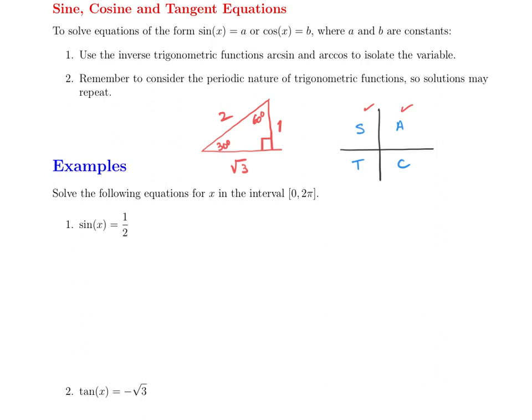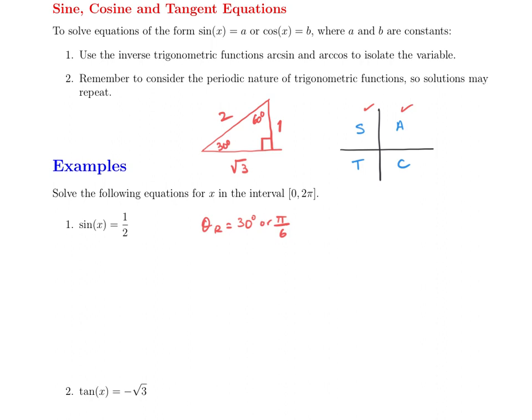So therefore, the reference angle that gives you sine of 1/2 will be this. Sine, remember, is the opposite over the hypotenuse. So therefore, that represents 30 degrees.